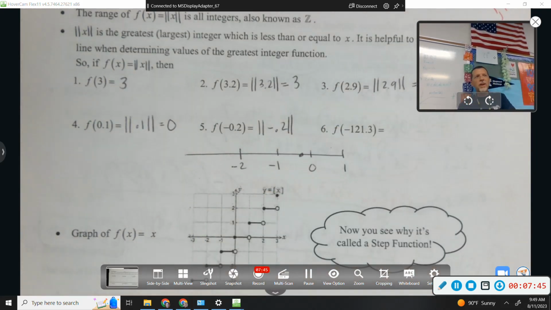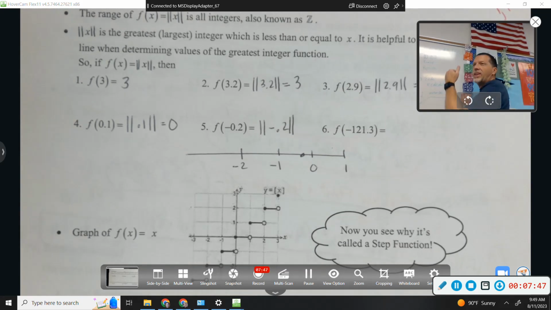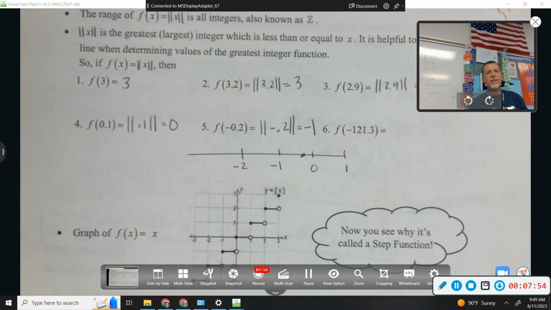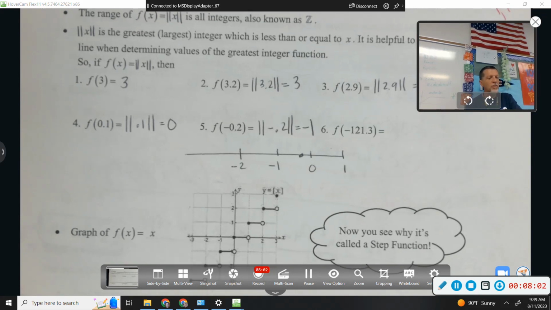So I need the biggest integer, but it has to be left of 0.2. So it's negative 1. So the negatives are what throw people off. You've got to really be careful about the negatives, and a quick sketch of the number line is sometimes helpful.